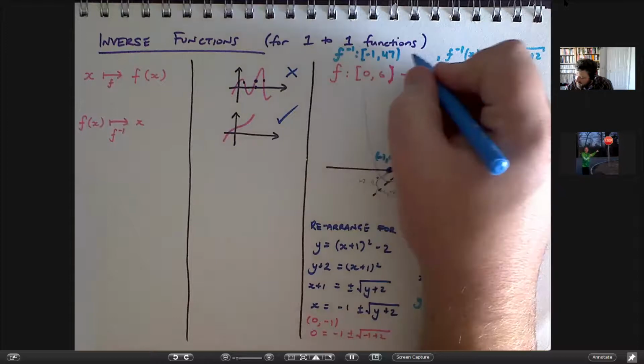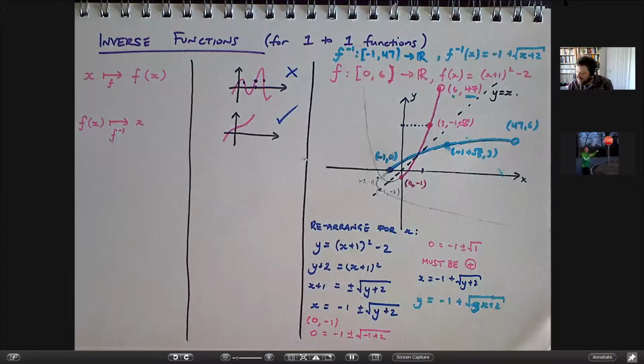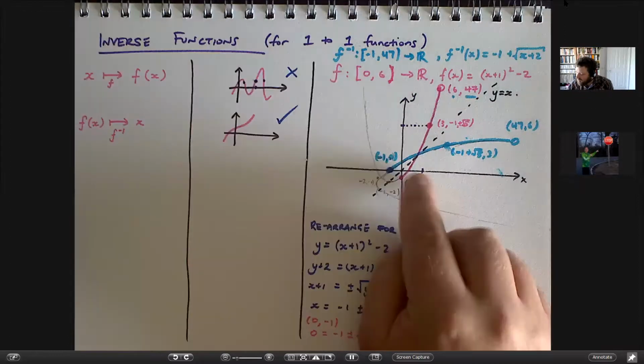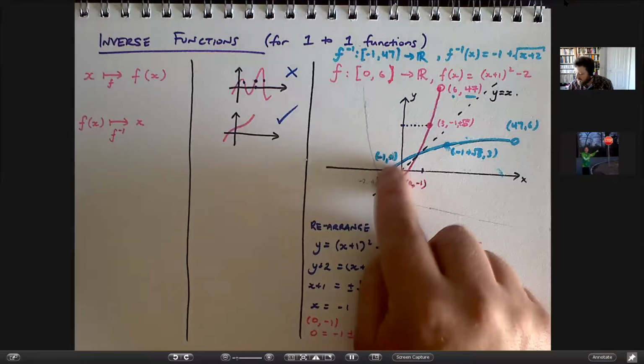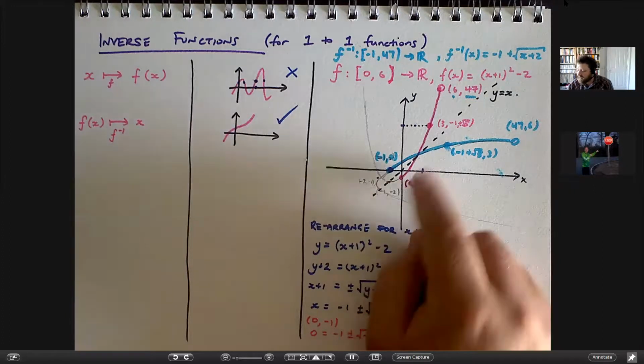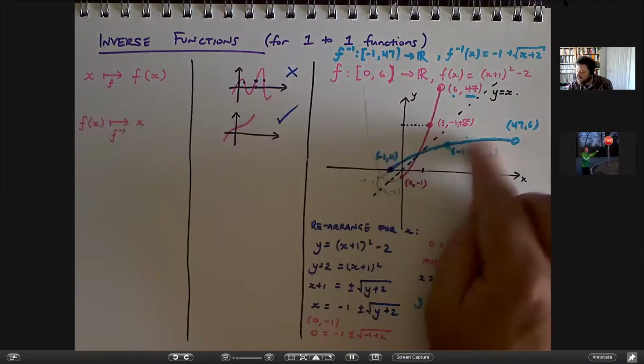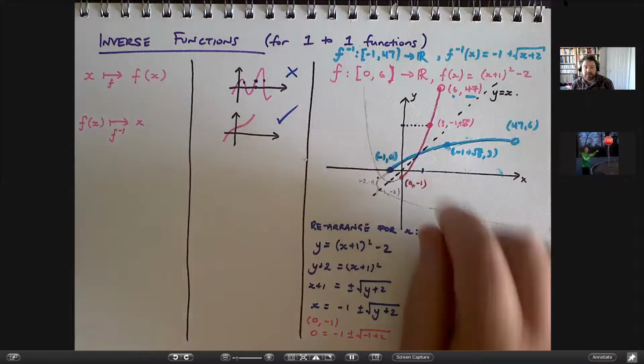Now, codomain doesn't change. That's always real. But the range of f inverse, so what y values does it hit? Well, that's just going to be the x values of the old function, so everything from 0 to 6. So the range of our inverse function is just going to be the domain of the original function.